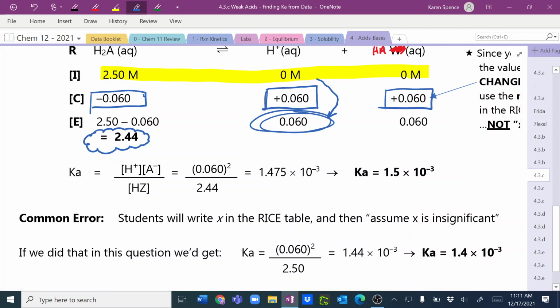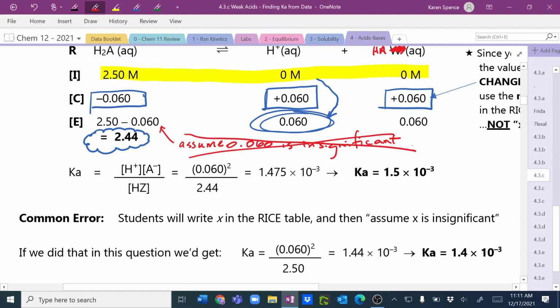Sometimes people will do something silly. They will say, assume 0.0060 is insignificant. Is that true? No. In fact, the only time you make an assumption is if your change is X, if your change is actually an unknown.